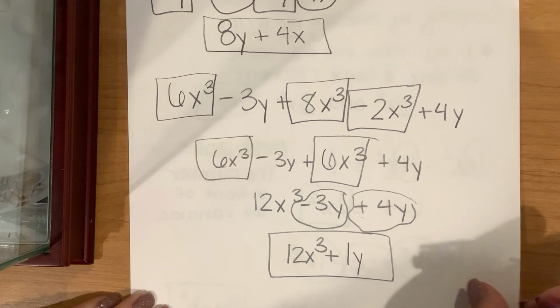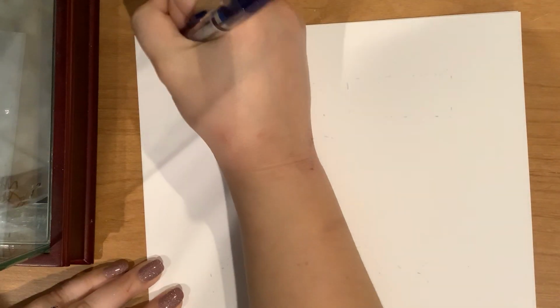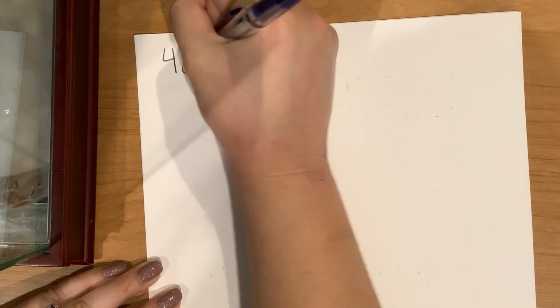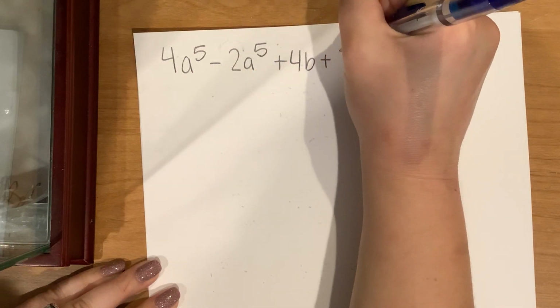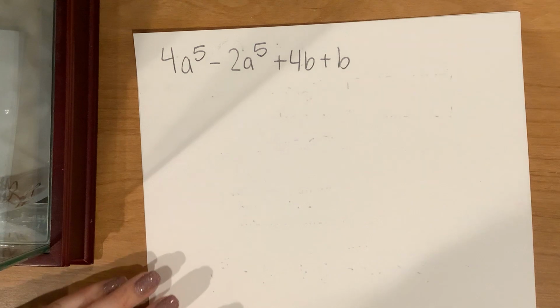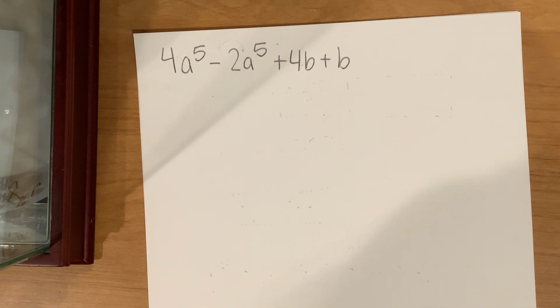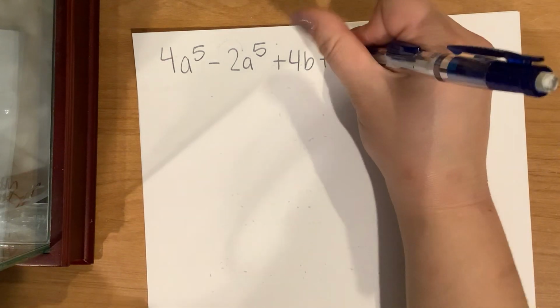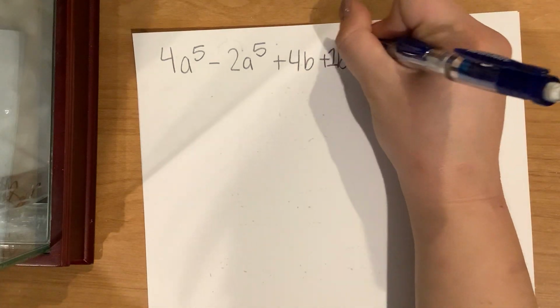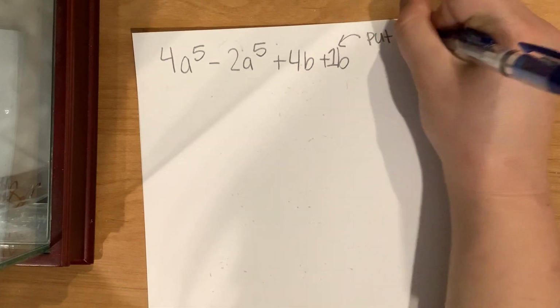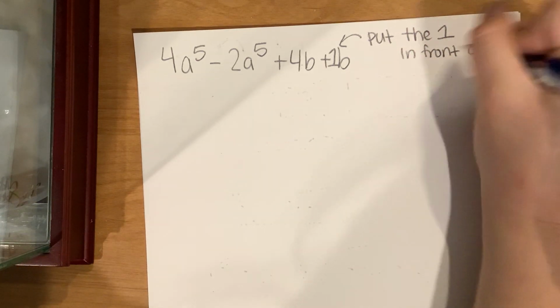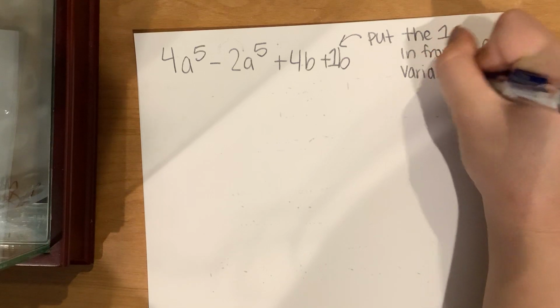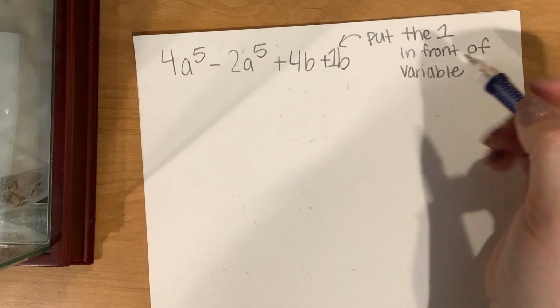Let's take a look at our last example problem. Our last example problem is 4a to the fifth power minus 2a to the fifth power plus 4b plus b. Now, when combining like terms, I do like to take that 1 and put it in front of the b so I don't forget about it, just so it doesn't get lost.